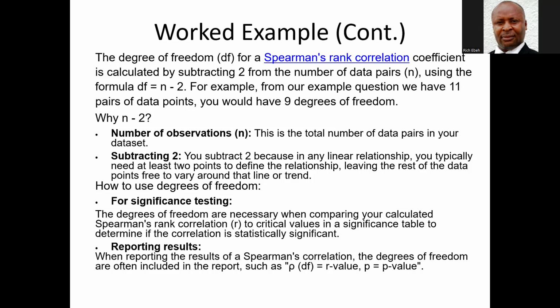When reporting the Spearman correlation, the degree of freedom is also often included in the report as in rho, degree of freedom, and then the value, the Spearman value. So P is the P value, as in the case, what we obtained from the degree of freedom.